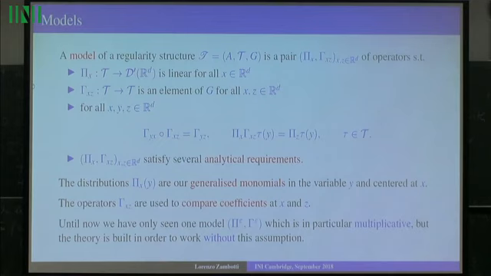So you have a regularity structure. So one model is a pair of operators, say, so one which is pi x from T to distributions, which is linear for any fixed point x. So once again, x is the base point, while gamma xz is a linear operator. Okay, here, sorry, G is the structure group, but anyway, you just consider linear operators here.